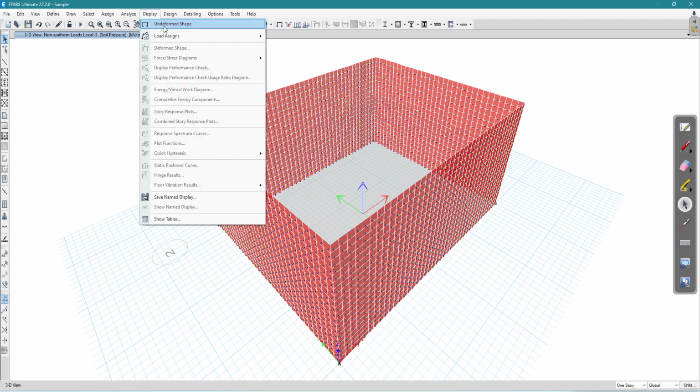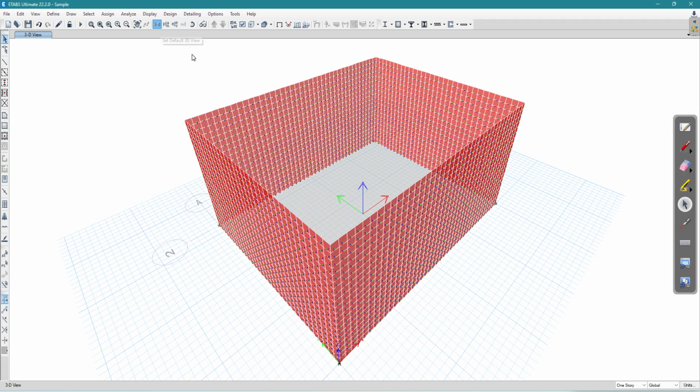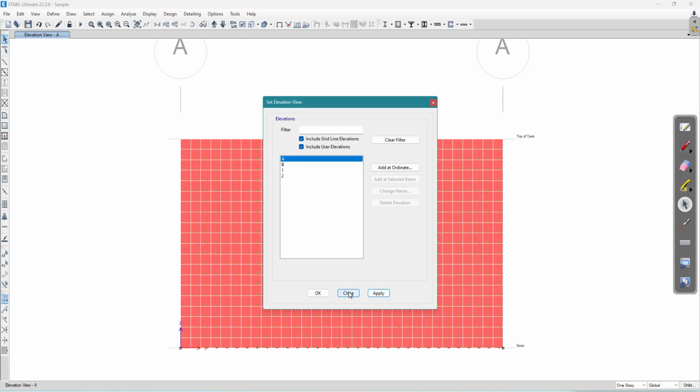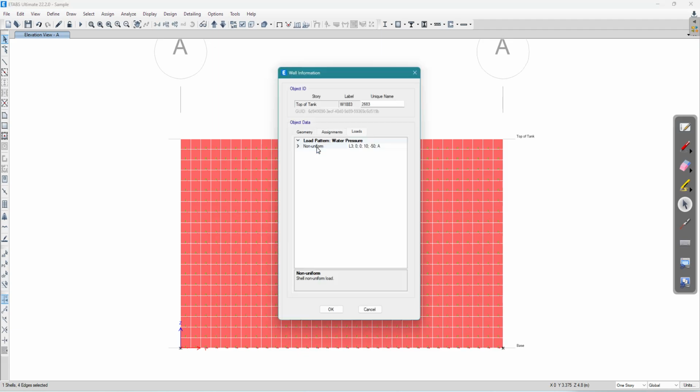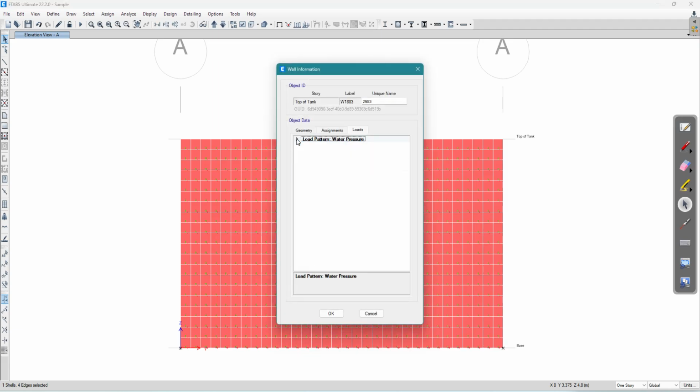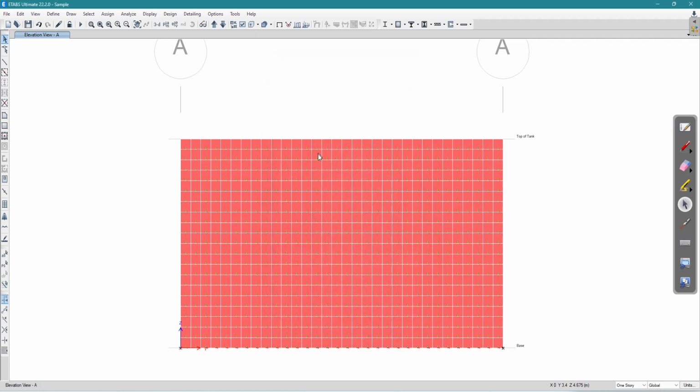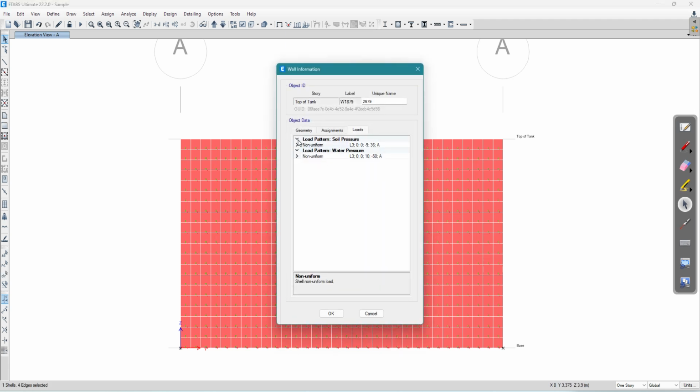So go to display undeformed shape. You select any of the elevations. If you see the first topmost shell element, you have only water pressure. If you select the fifth element, 1, 2, 3, 4, fifth shell element, you have soil pressure in addition to water pressure.